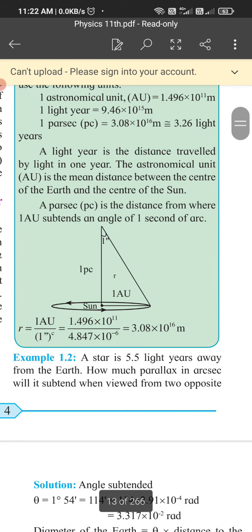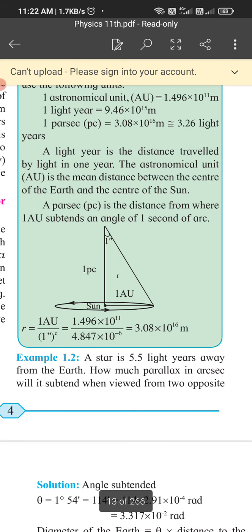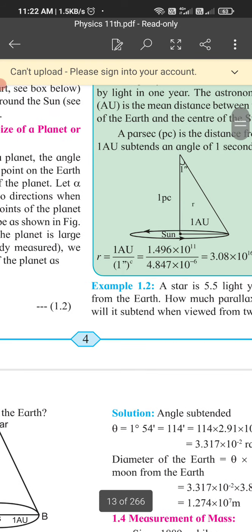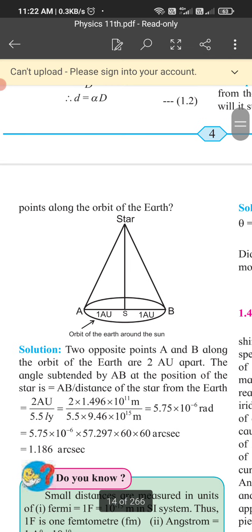Example: a star is 5.5 light years away from the Earth. How much parallax in arcsec will it subtend when viewed from two opposite points? The two opposite points, A and B, along the orbit of the Earth are 2 AU apart.